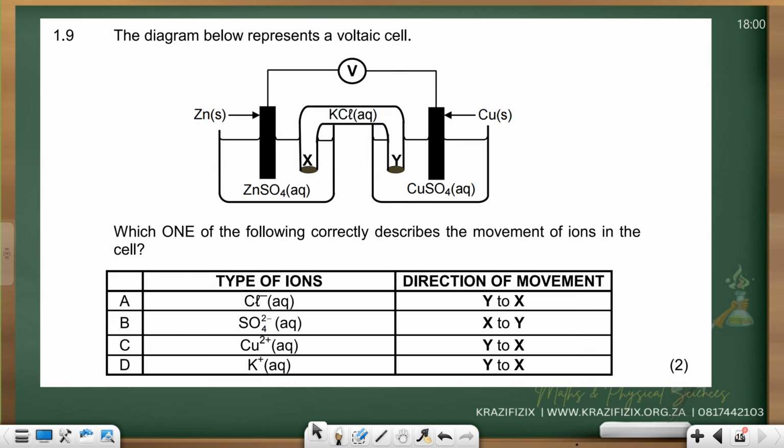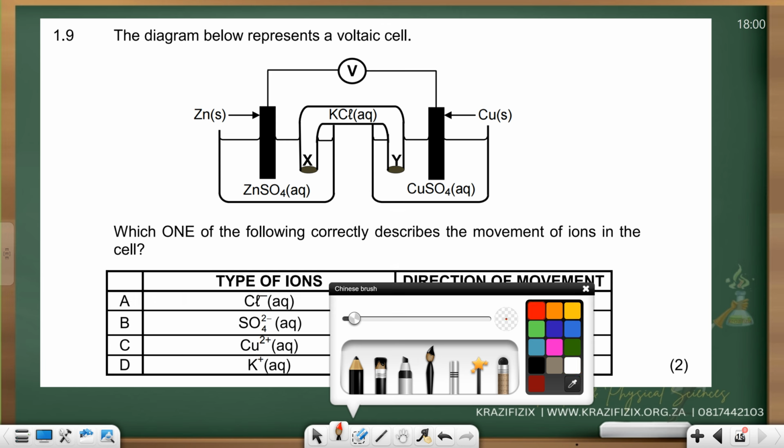Okay, are we done? Use the table. The movement of ions, not electrons. So all I need to do is identify my anode and cathode. Zinc is your anode. You sure? Do we confirm that zinc is the anode, everybody? Because I don't want to go to the table. All right, so zinc is my anode.